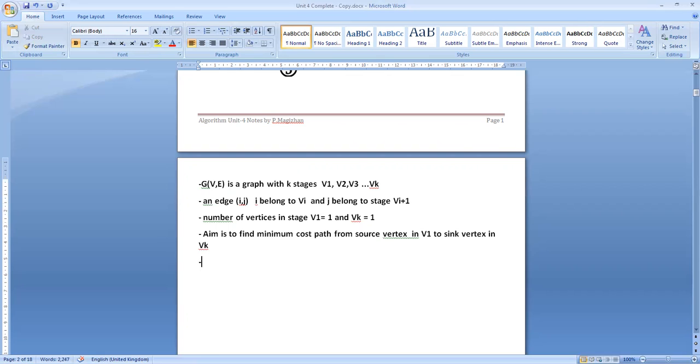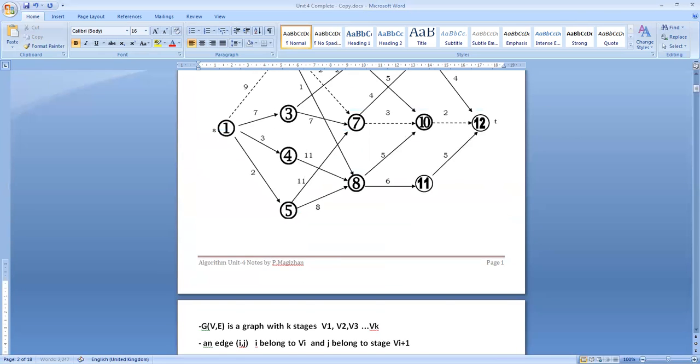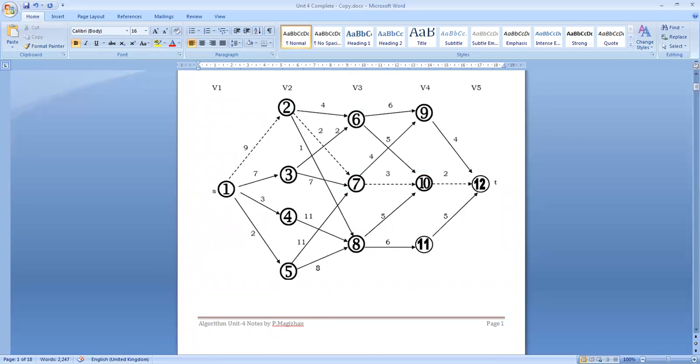That is this multi-stage graph problem. Okay, so we have to find such a minimum cost path.